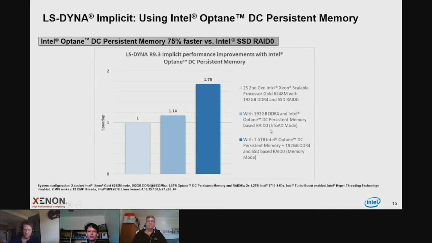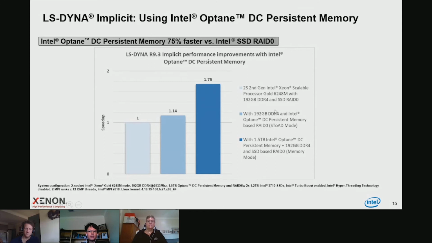The comparison run here in the middle was performed with the same amount of main memory, 192 gigabytes of DDR4, but it was using Intel Optane persistent memory modules in storage mode, in storage over app direct mode, again in a RAID 0 configuration.